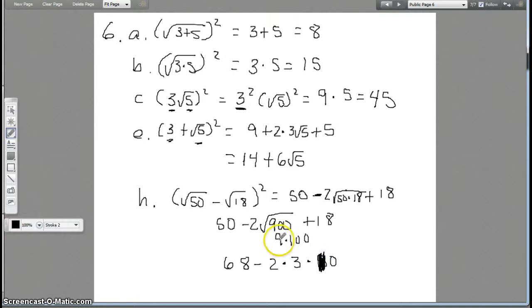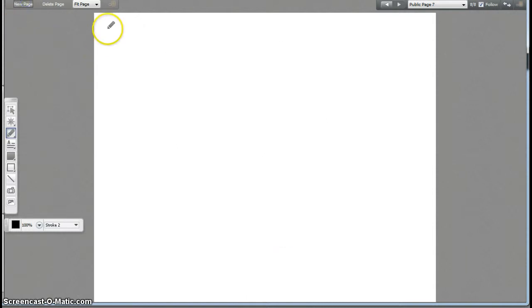Sorry about that. So 68 minus 2 times 3 times 10, that's 60. So we have 68 minus 60. And our answer for number 6, part H, is 8. Okay, let's move on to number 7.